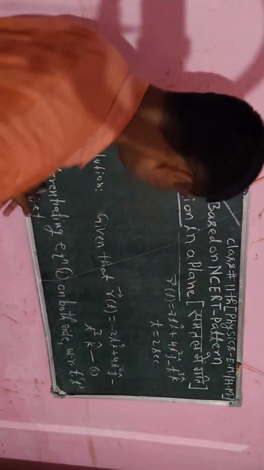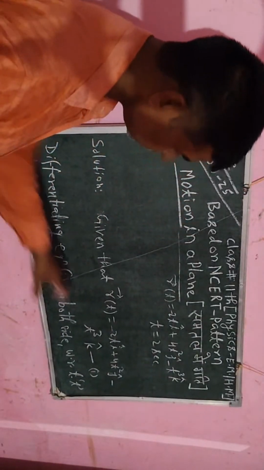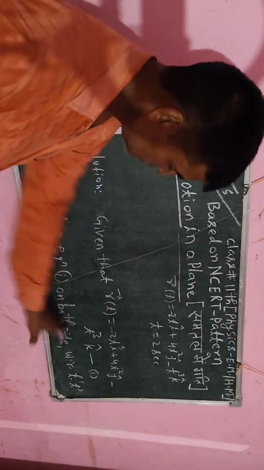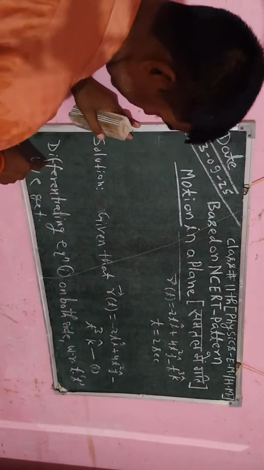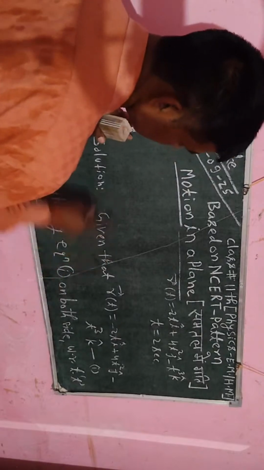Now here I have written: differentiating equation 1 with respect to t on both sides, we get. Okay, so I will use this expression in equation number 1.